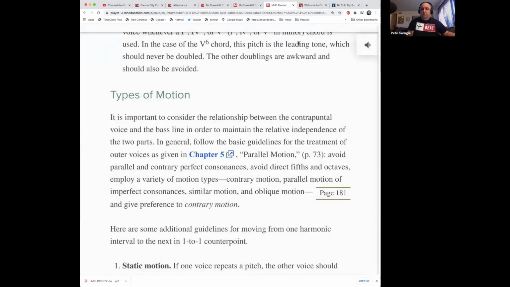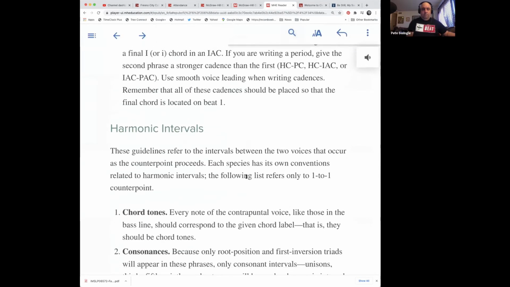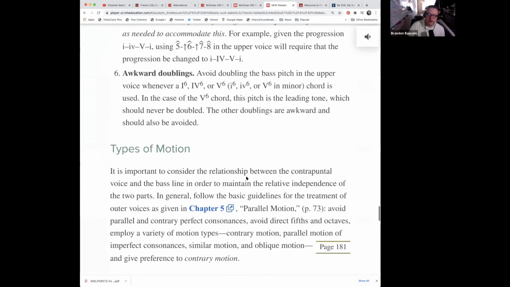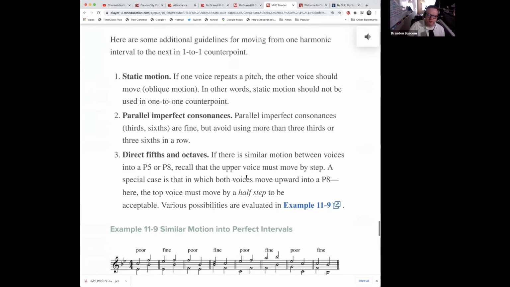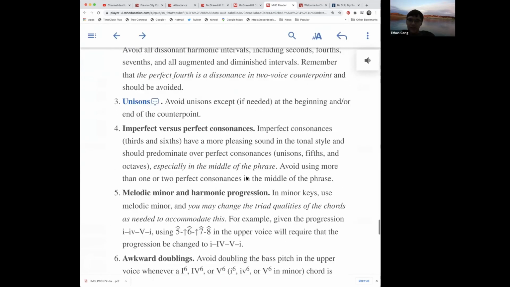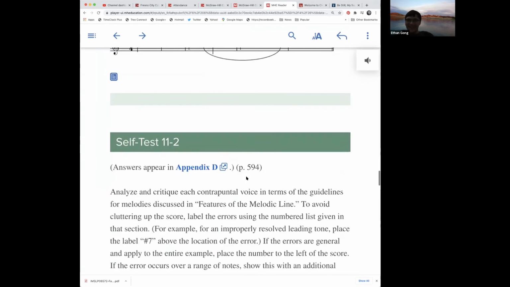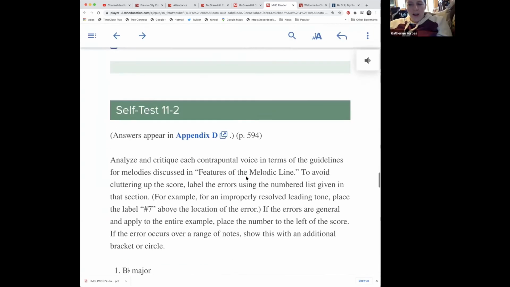No, I won't. It's not working. Avoid unisons except if needed at the beginning and or end of the counterpoint. I guess we can. I swear I read somewhere not to, though.